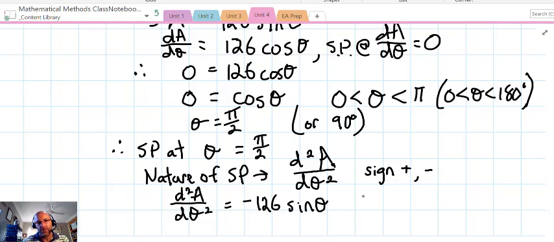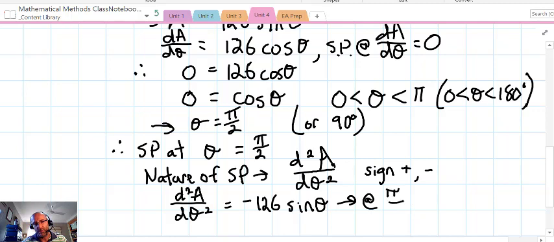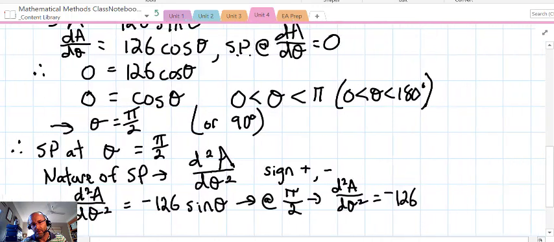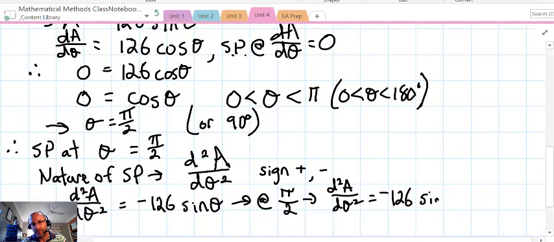So at that point, pi on 2, we sub that in. d squared A d theta squared equals negative 126 sine pi on 2, or 90 degrees if you prefer.